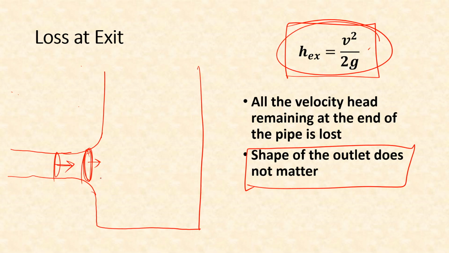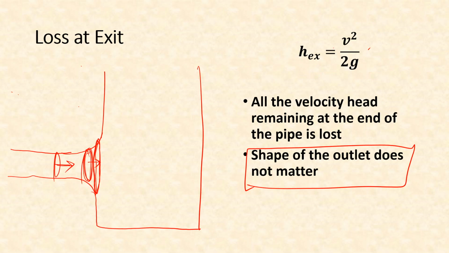At this cross section, velocity will further decrease, and therefore this v term will decrease, and v square by 2g will therefore decrease, and that in turn will show us that the head loss is decreasing.